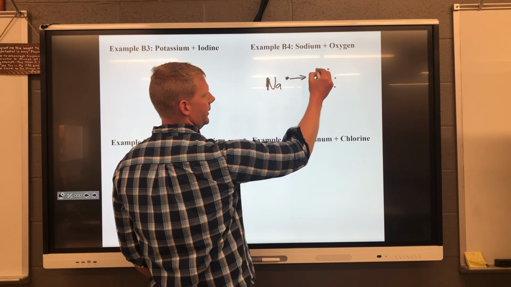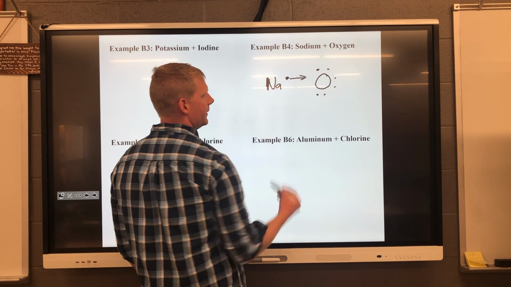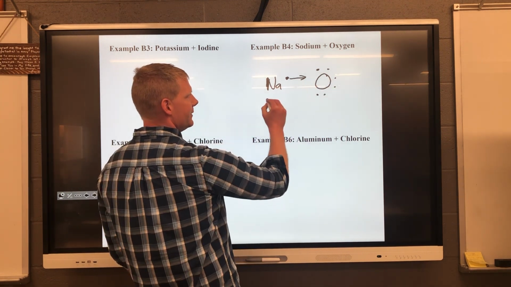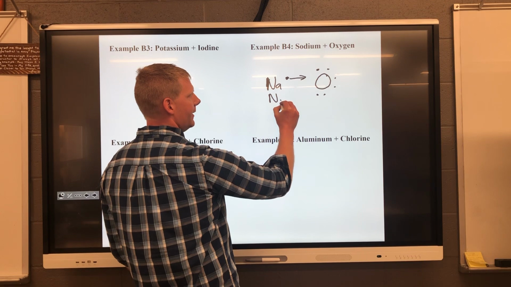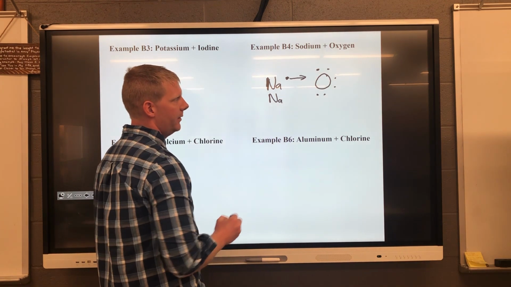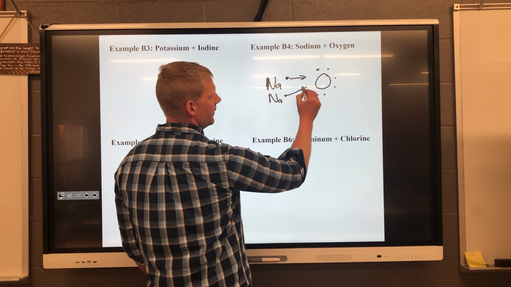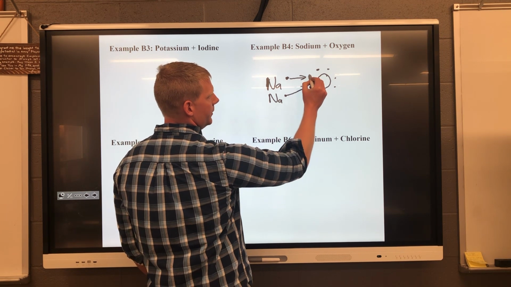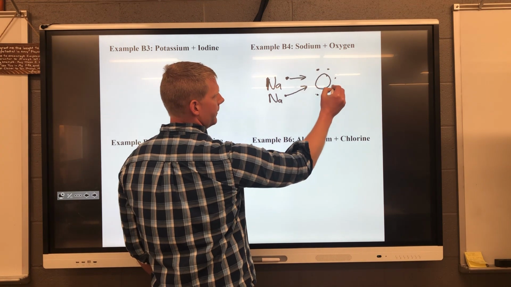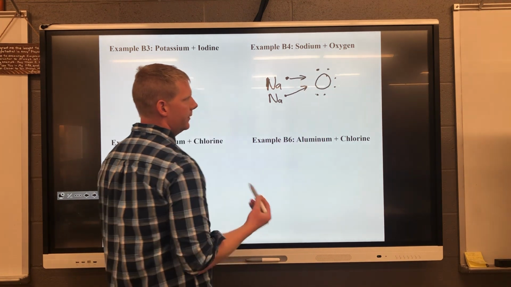Now that only makes 1, 2, 3, 4, 5, 6, 7. So it's not happy yet, so that's where we need to add another sodium atom. So if we add another sodium atom, now this oxygen has 1, 2, 3, 4, 5, 6, 7, 8. So it's happy.